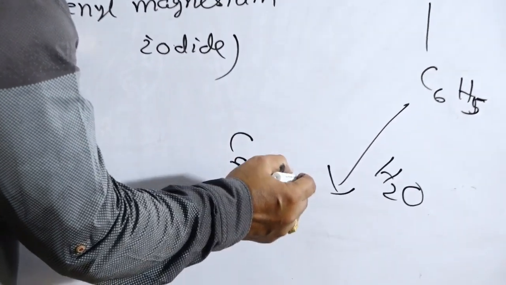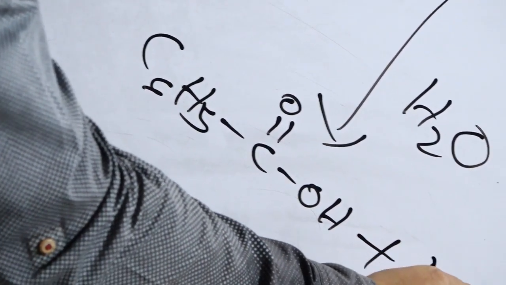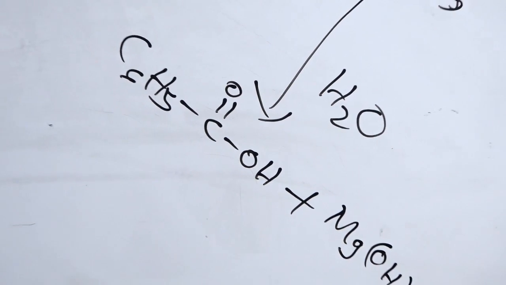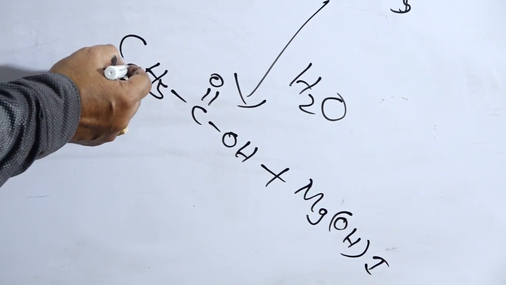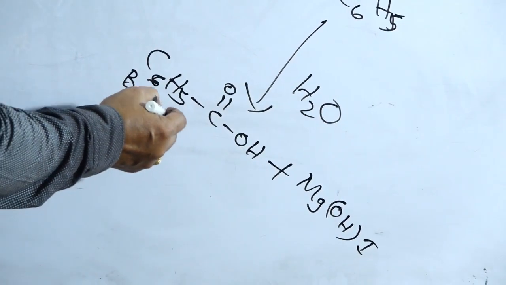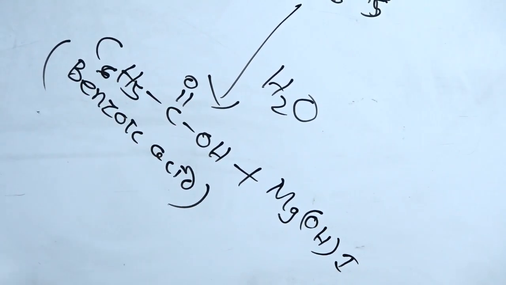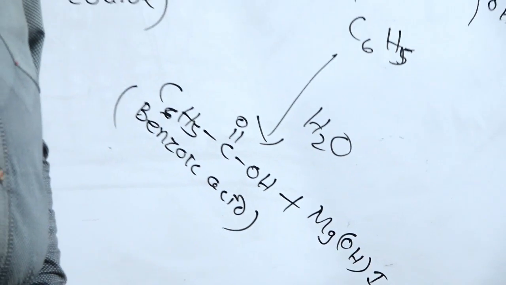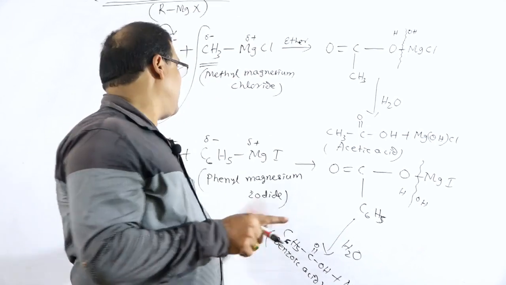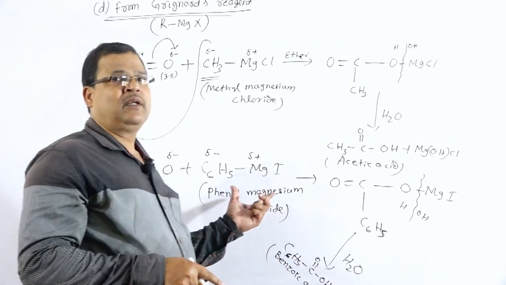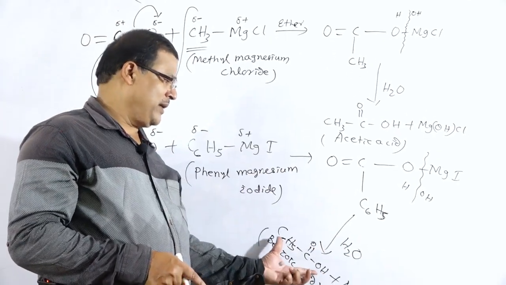C6H5COOH is the formula for benzoic acid. So when carbon dioxide gas is passed through the ethereal solution of phenyl magnesium iodide, followed by hydrolysis, benzoic acid is formed.